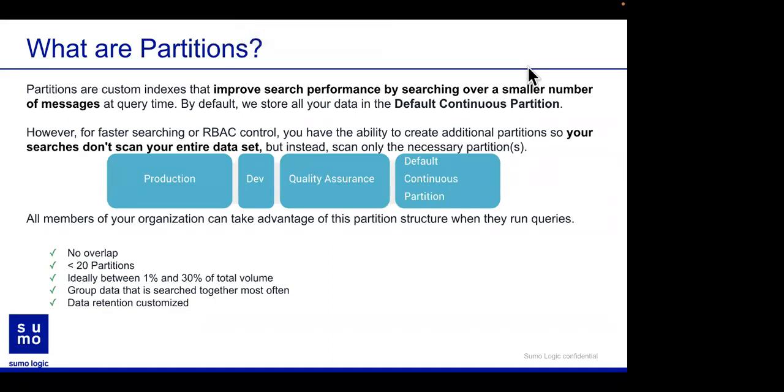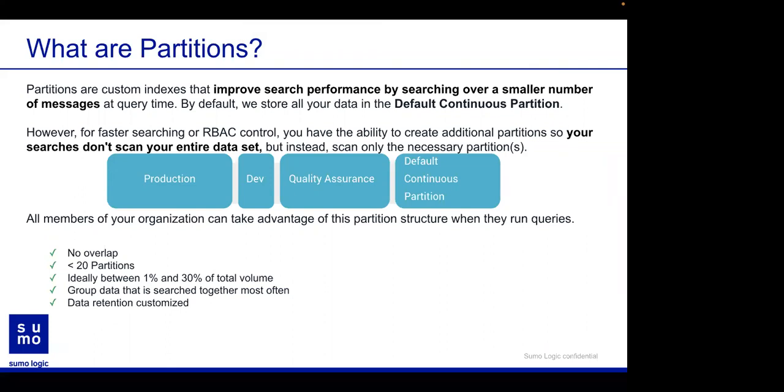Now, a couple of rules, and these are very important rules. These make great test questions. Number one, there should be no overlap, no data that's in two partitions. It's either in one partition or the other. It's not in both. Can't be. It's not going to do any good. Second point, you want to have less than 20 partitions. More than 20 partitions, it's a little hard to manage, a little hard to see what's going on.